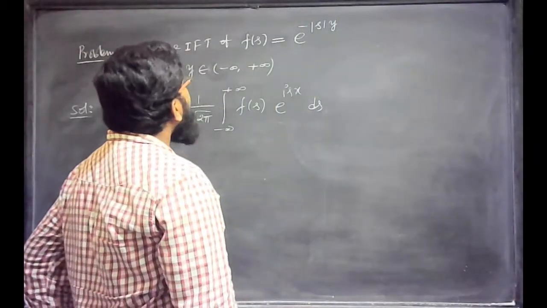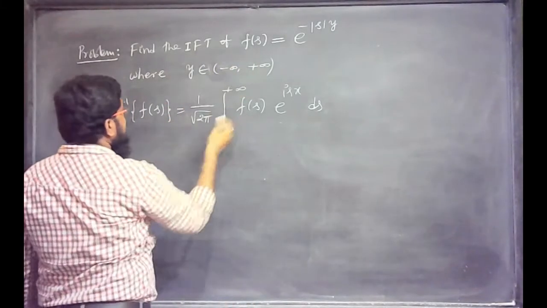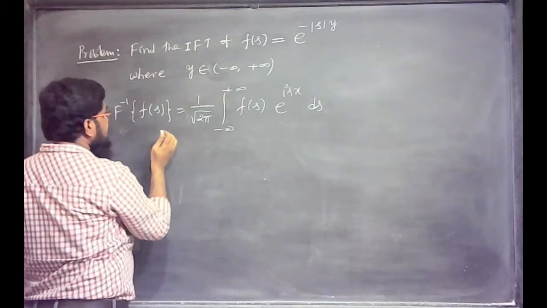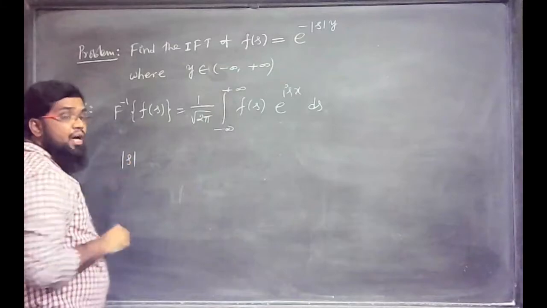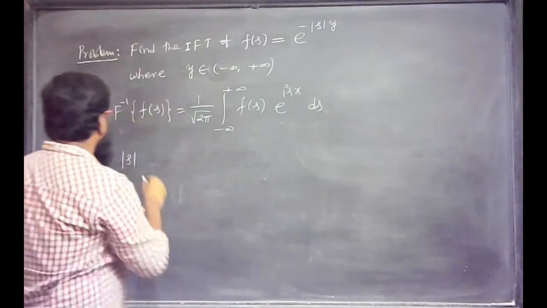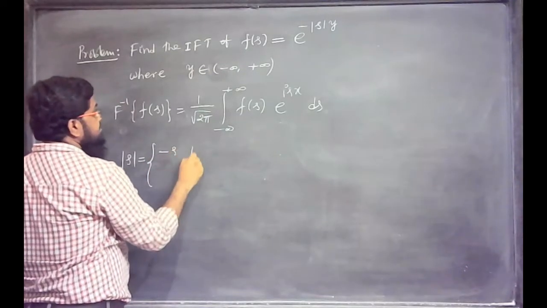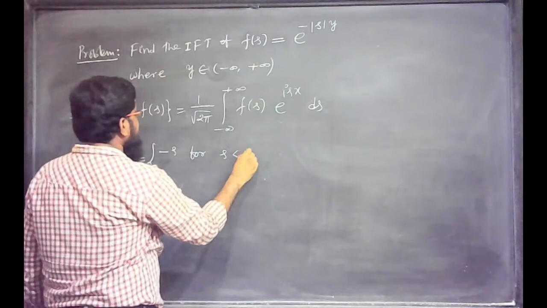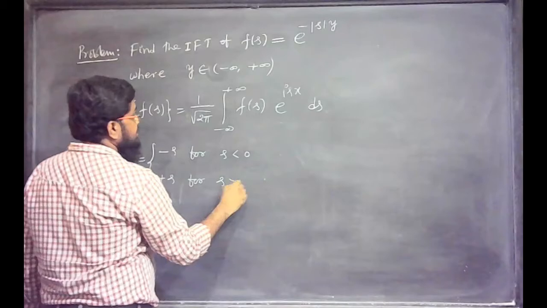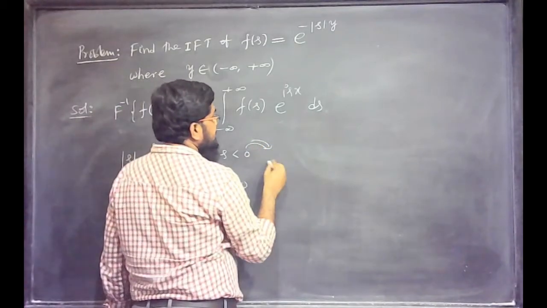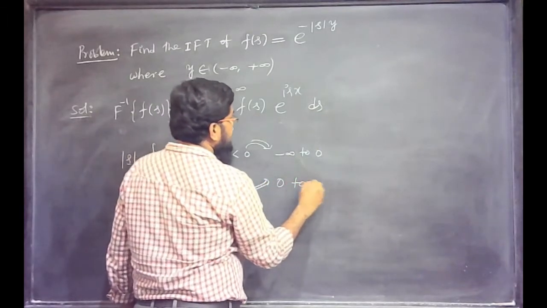How do we do it? Substitute here as usual. Now we have modulus of s, so we can't write it directly; we need to split. Modulus of s will be minus s for s less than 0, and plus s for s greater than 0. That is the reason for minus infinity to 0, and for 0 to infinity.